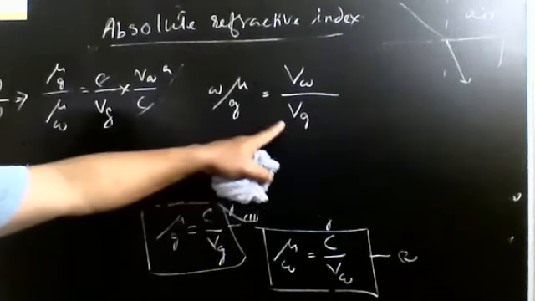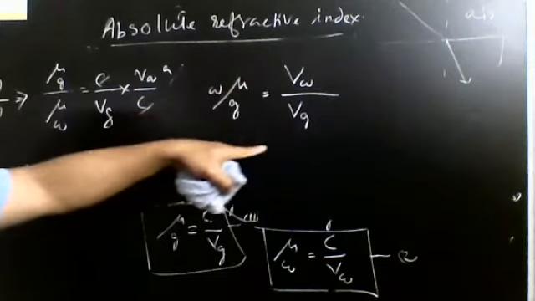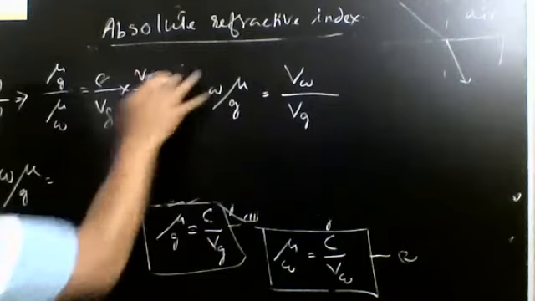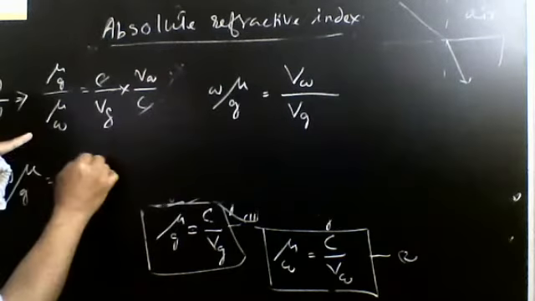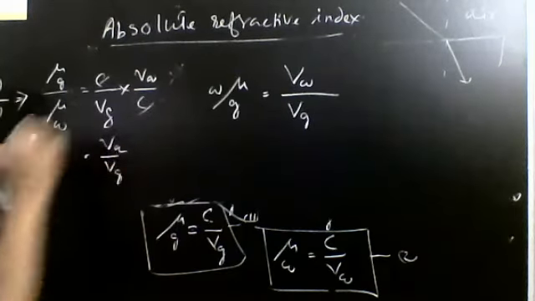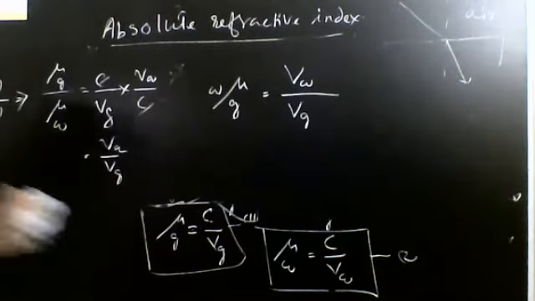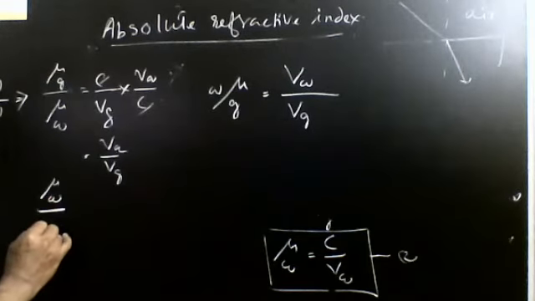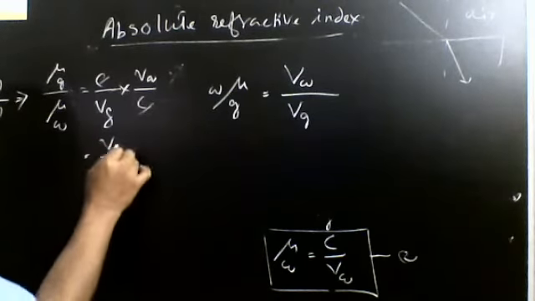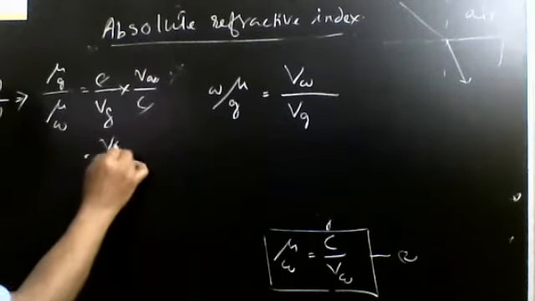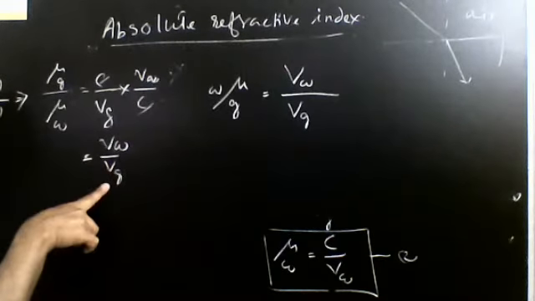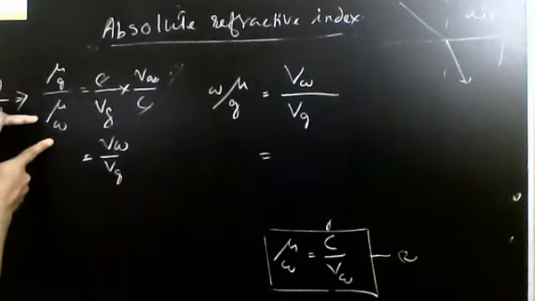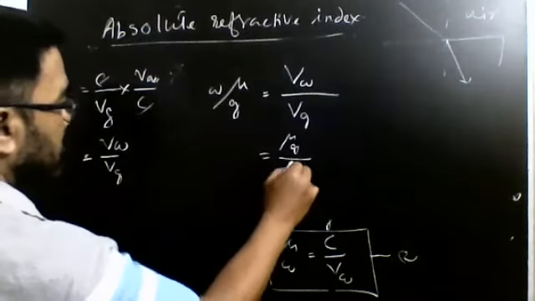So if you divide both by c, then from this relation what did we get? mu z by mu w is equal to what did we get? VW by VG. Okay, so VW by VG. Okay, VW by VG is equal to mu z by mu w. So you put here mu z by mu w.